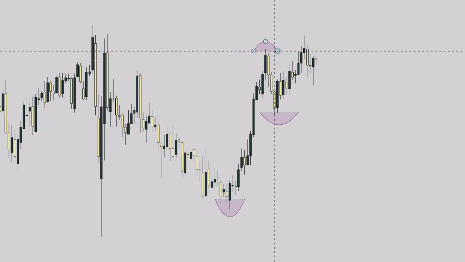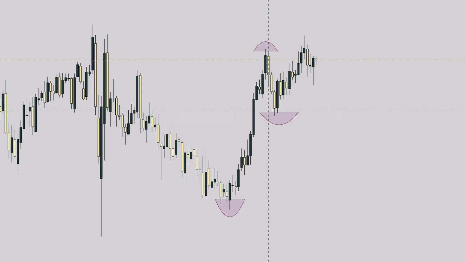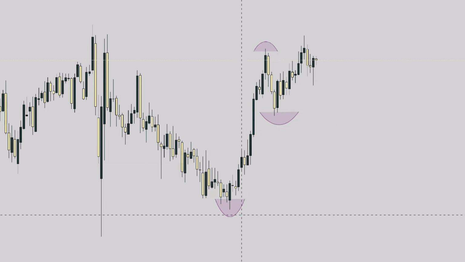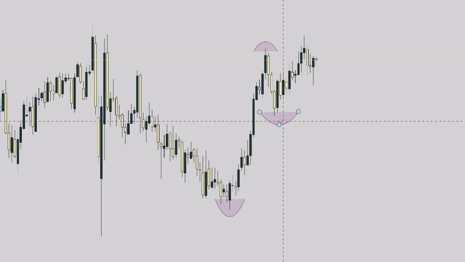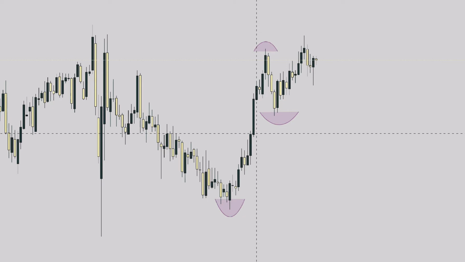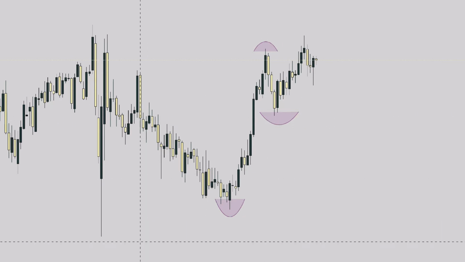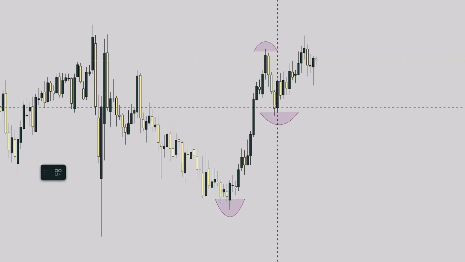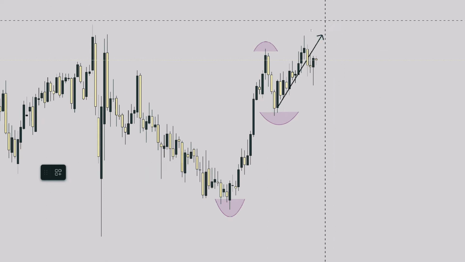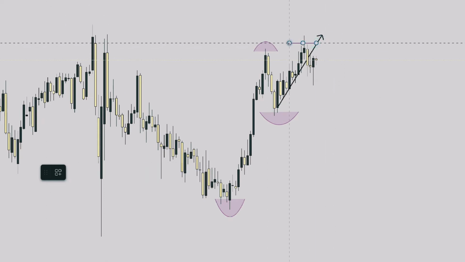But the market pushed up, made a high, came back down, made a higher low. Because this low right here is higher than this low down here, which makes it a higher low point. So next, mark me another push, make another higher high, right? So mark up this high as well.